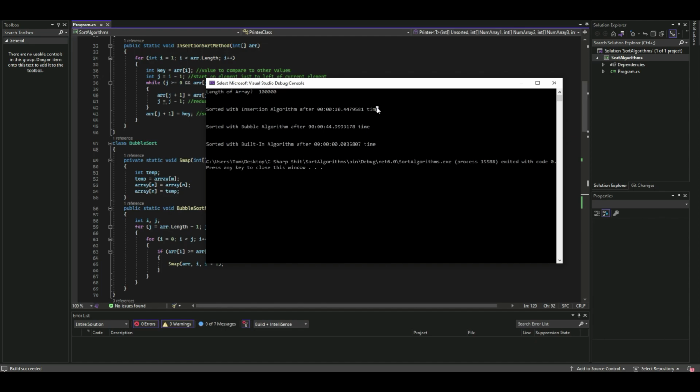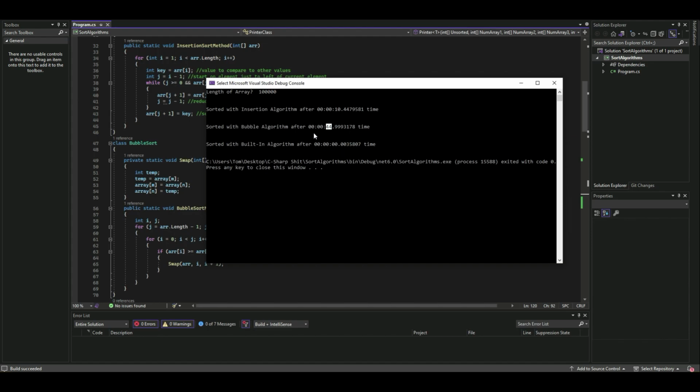So we can see that these insertion and bubble algorithms are quite a bit slower than this built-in algorithm, which I believe changes what algorithm it uses based on the size of the data input, but I'm not exactly sure what algorithm it uses. But anyway, we can see the insertion one is quite a bit faster than this bubble algorithm.